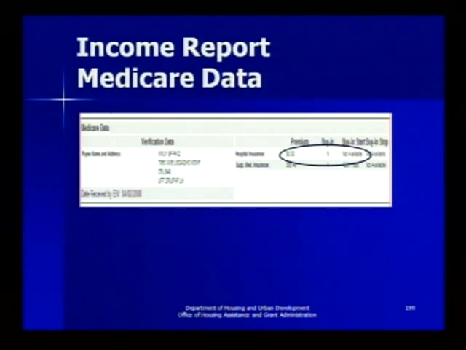The next section of the report gives you information on the Medicare data, and this would be the premiums for their hospital insurance and their supplemental medical insurance. The one thing that you need to watch, normally a tenant just has this withheld from their Social Security check, and I think the amount right now is $96.40.